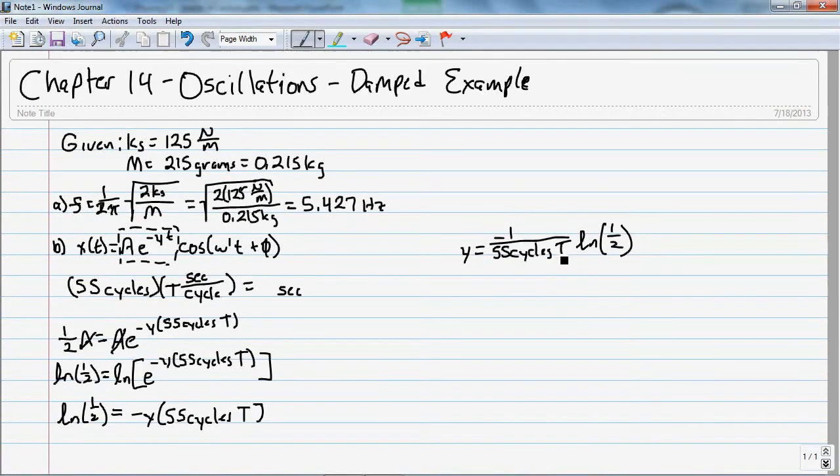Well, I haven't really calculated the period, but I do know that the period is equal to 1 over the frequency, and the frequency I do know. So let me put this into my equation. Negative f over 55 cycles times the natural log of 1/2. Put in my value.